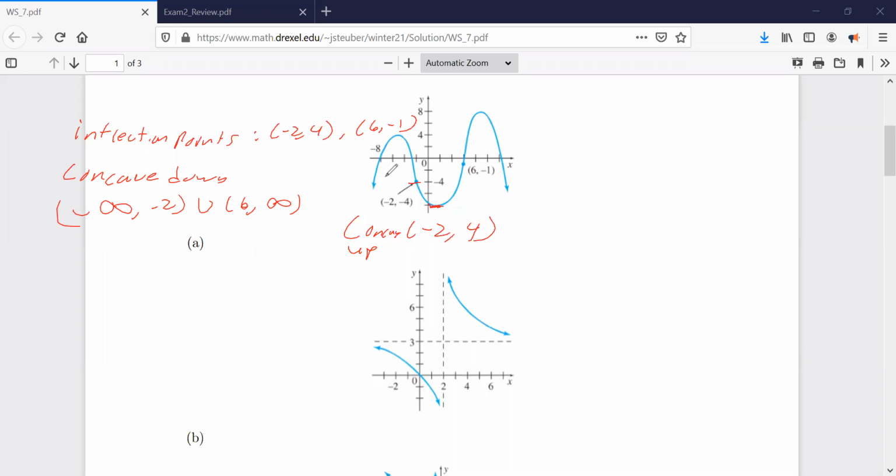Right? Because hey, I'm increasing, but I'm increasing slower and slower until suddenly I'm not even increasing anymore. I'm decreasing. And then over here, I'm increasing, but I'm increasing slower and slower until suddenly I'm decreasing. It looks like I'm going to be decreasing forever and ever. Does that make sense?